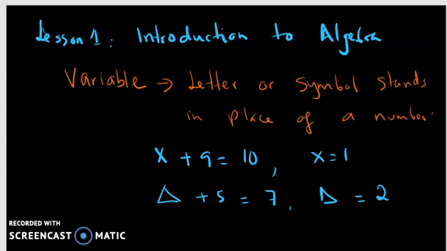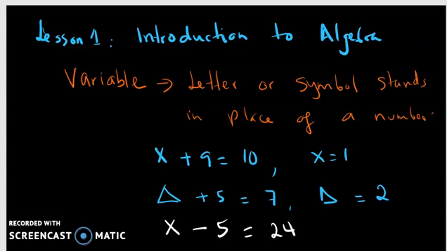Variables, one thing about them, they change. They change with time, with situations. So in some situation, x might be something different. So x minus 5 is equal to 24.